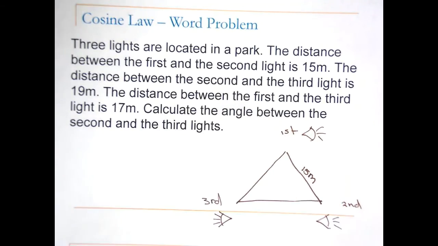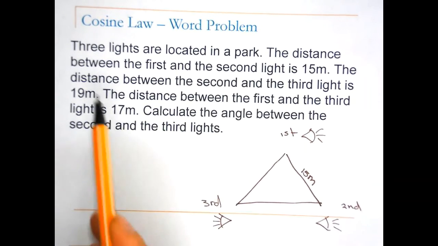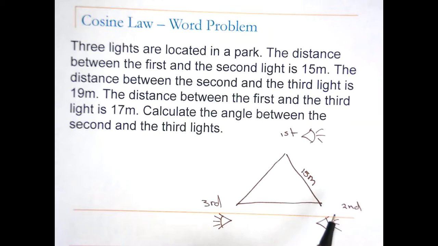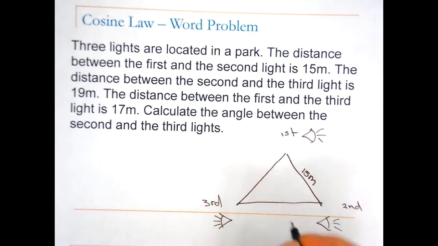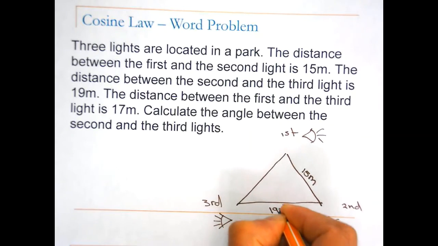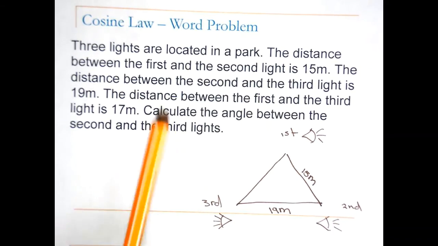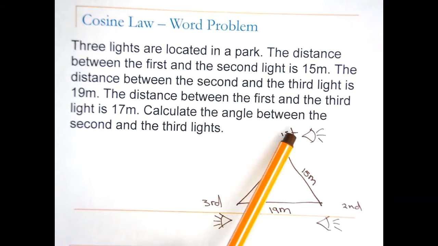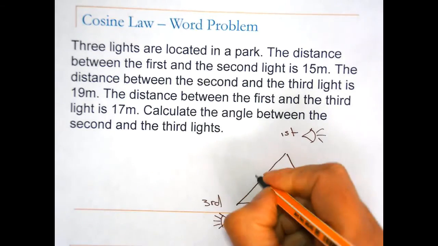So this is 15. The distance between the second and the third is 19 meters. And the distance between first and third light is 17 meters.